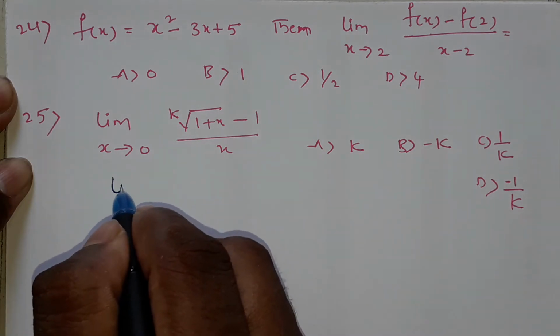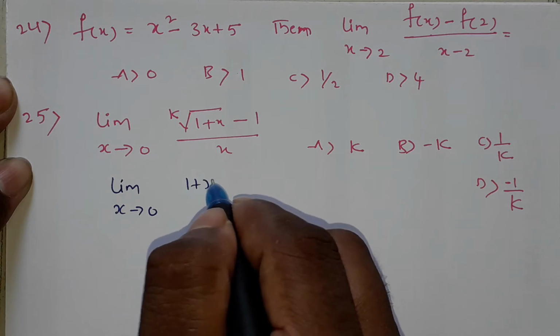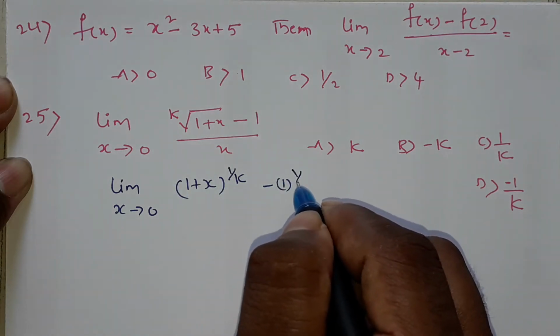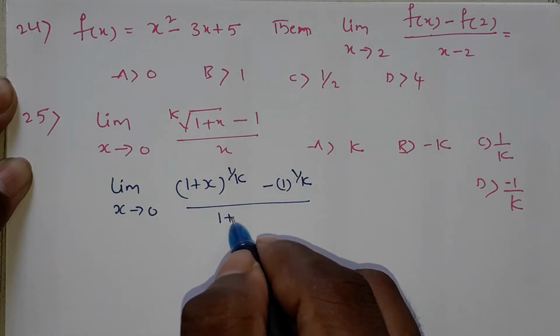Here apply the limit x extends to 0. 1 plus x whole power 1 by k, we did it, minus 1 power 1 by k, and in denominator written as 1 plus x minus 1.